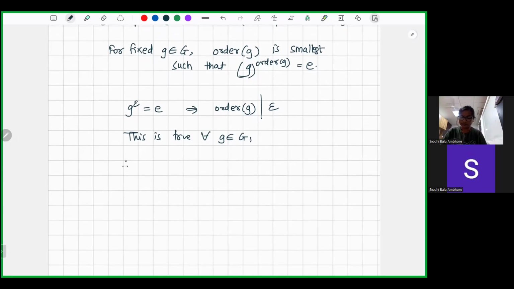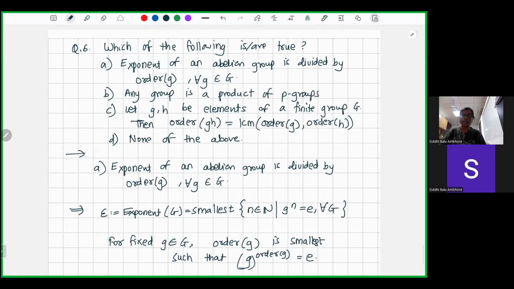Therefore, the order of g divides epsilon for all g in G. And that's what we wanted to check, whether the exponent of an abelian group is divisible by the order of g or not. So yes, it is divisible. So this first one is correct.